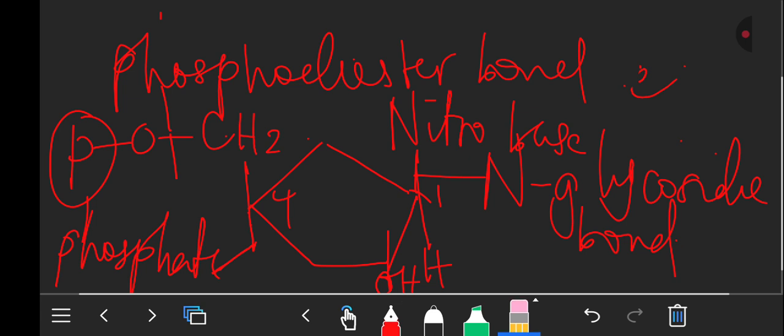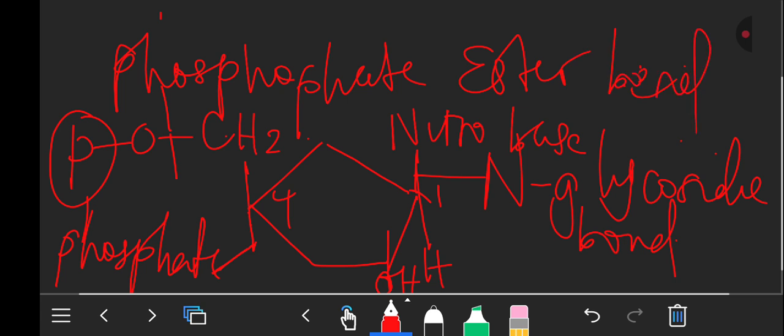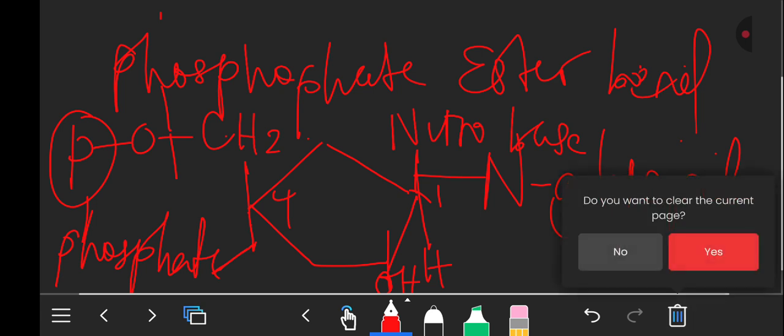But before we can make that, di means two. So let's just call it a phosphoester bond, or a phosphate ester bond, because there are no bonds which are yet formed. There's just one bond. That is a nucleotide.